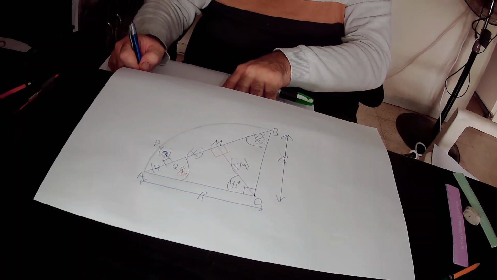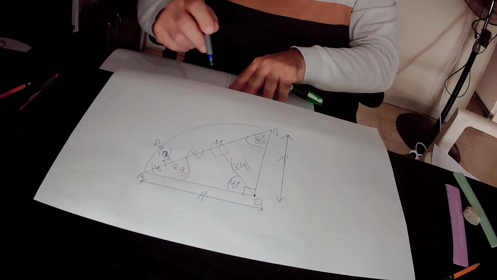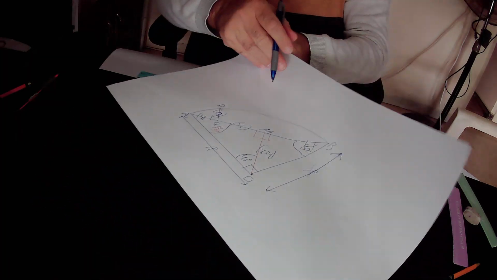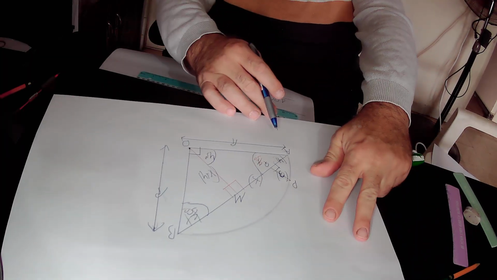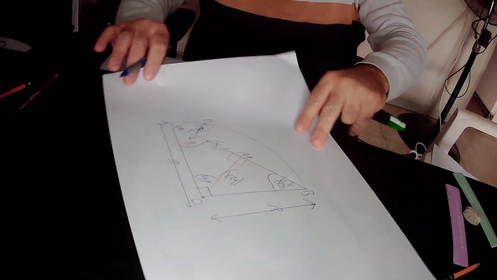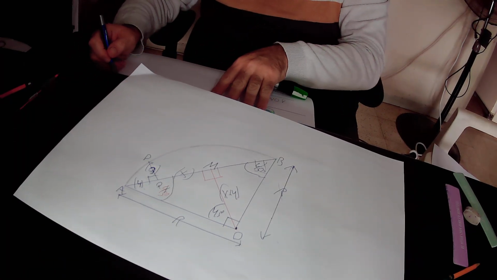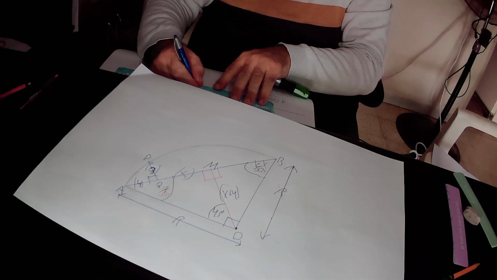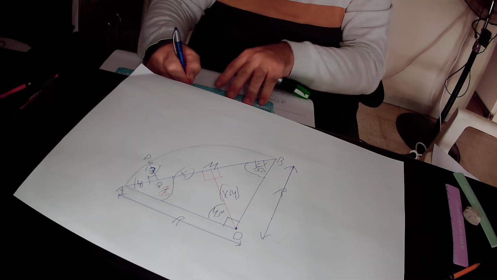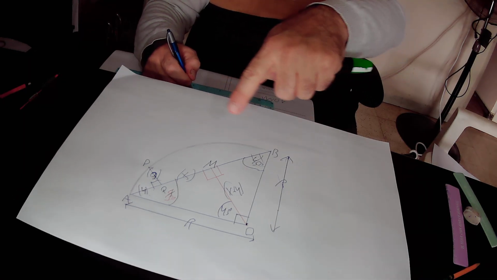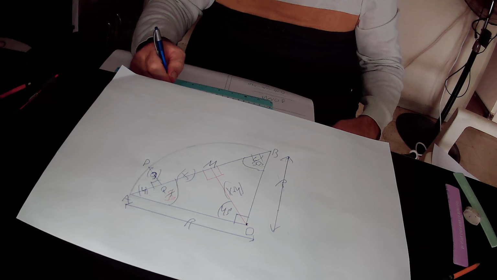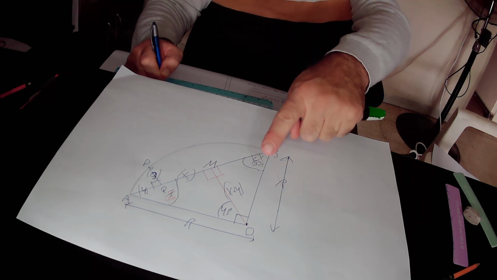So in this right triangle AMO, OA square, the square of the hypotenuse, equals AM square plus MO square.